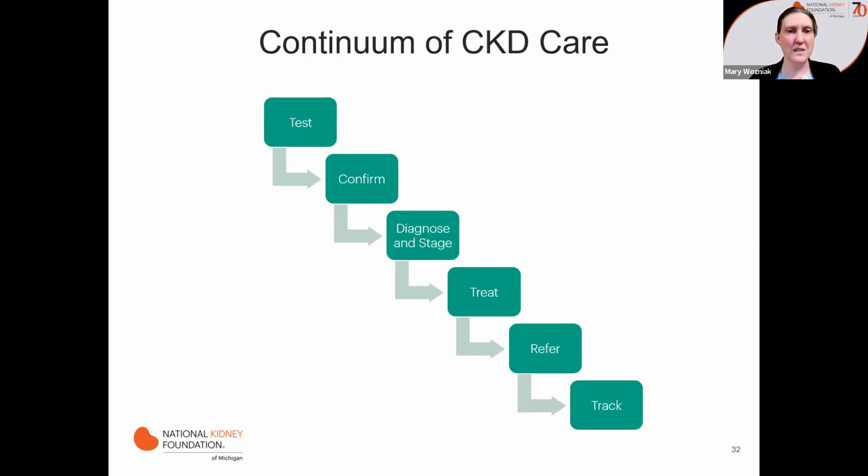We know that if a diagnosis is in the chart, the condition is much more likely to be managed and to be managed well, treating both with healthy lifestyles and medication management. And then when appropriate, referring for specialty care with nephrology and generally tracking how well a patient is doing with their treatment plan and making changes as you go along as needed.